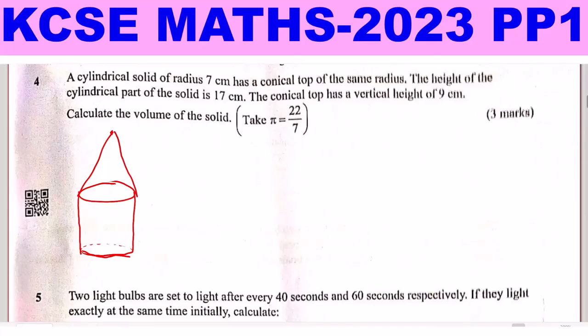You are given that the radius of this cylinder is 7, so this is 7 centimeters. And the height of the cylindrical part is 17 centimeters. So that height is 17. The conical top has a vertical height of 9. So this height here is 9.